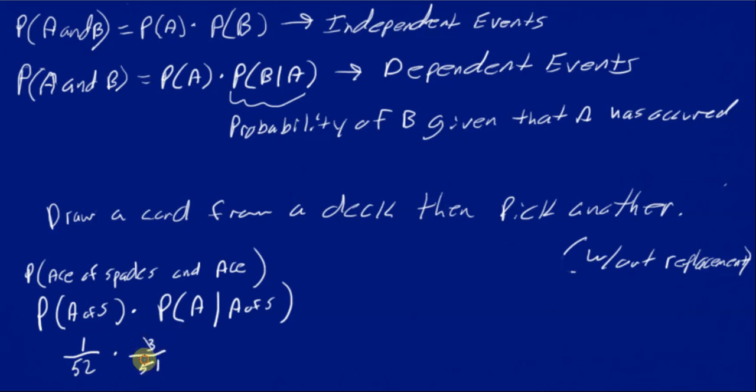The 3 and the 51 will reduce to 1 over 17. So that's going to give me 1 over 884. That's going to be 0.0011, which would be 0.11%, 1/10 of 1%.